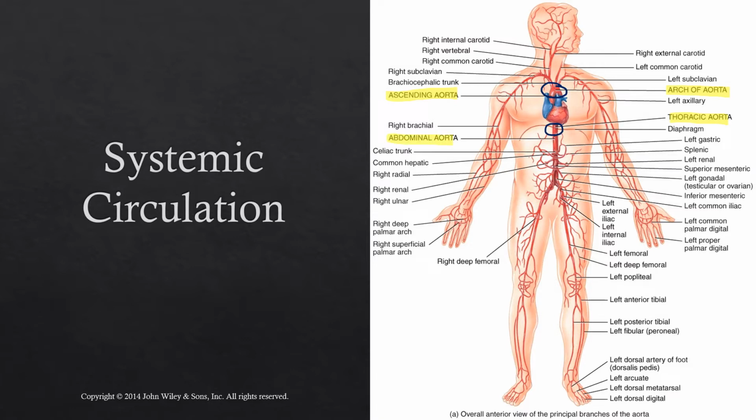So the thoracic aorta is going to be above the diaphragm. The diaphragm's right here, so it's kind of behind the heart. And then the abdominal aorta is down here.